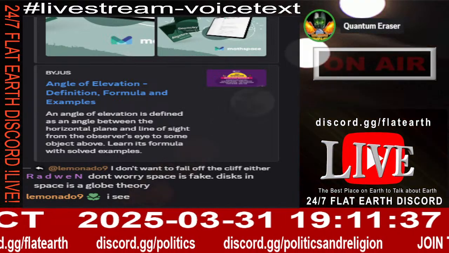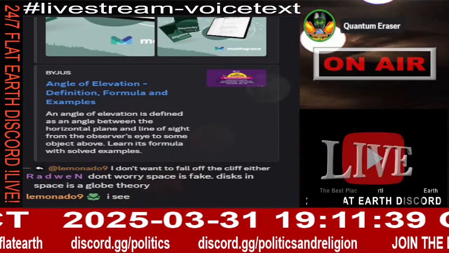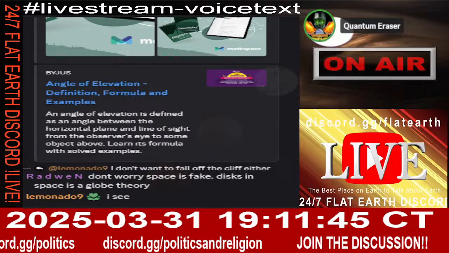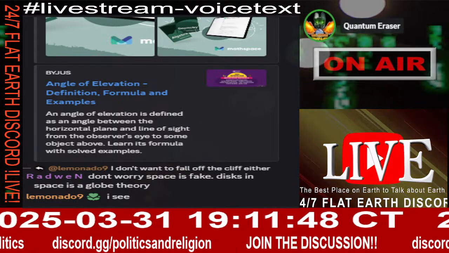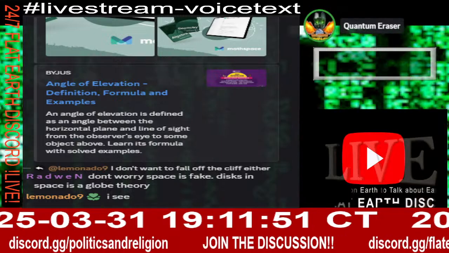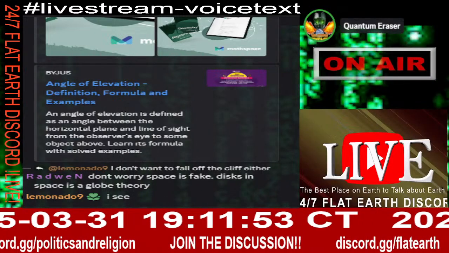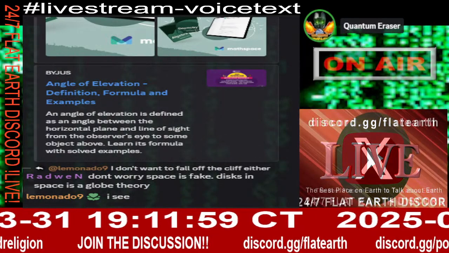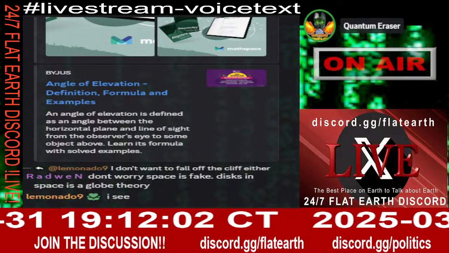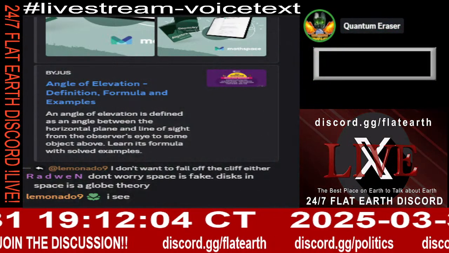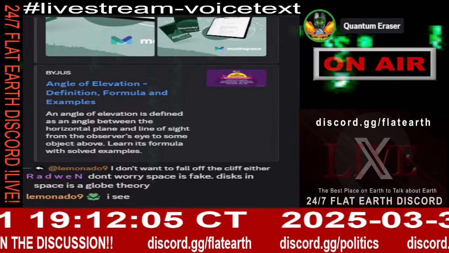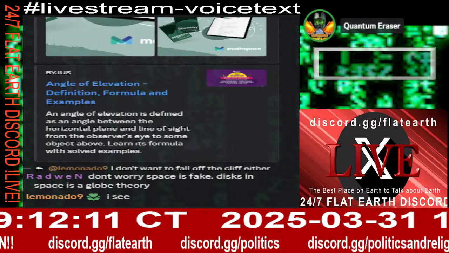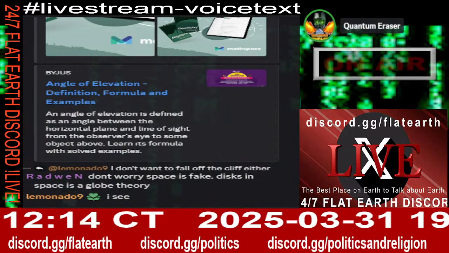From Byju's: the angle of elevation is widely used concept related to height and distance, especially in trigonometry. It is defined as the angle between the horizontal plane and an oblique line from the observer's eye to some object above his eye. Last one, Suns design: the altitude angle, sometimes referred to as the solar elevation angle, describes how high the sun appears in the sky. The angle is measured between an imaginary line between the observer and the sun and the horizontal plane the observer is standing on. End of citations.